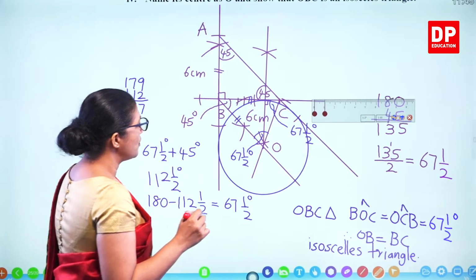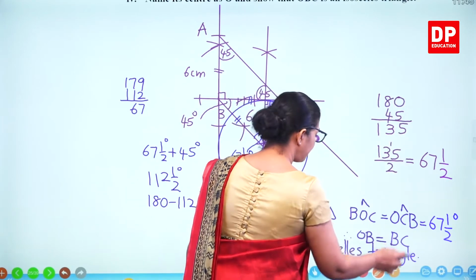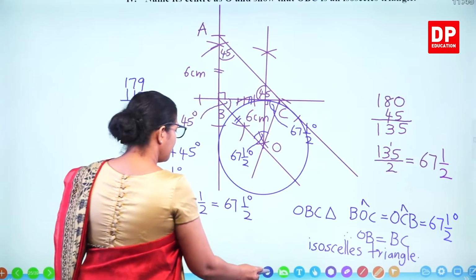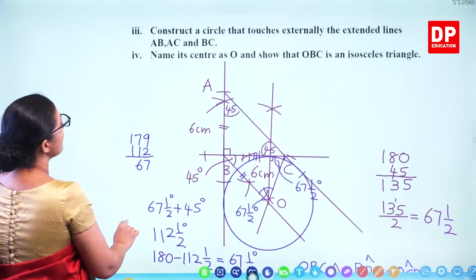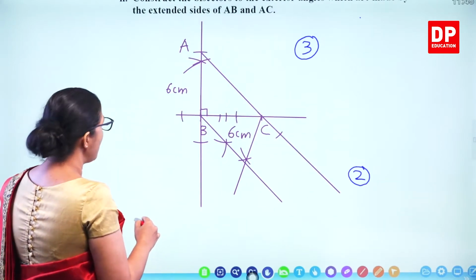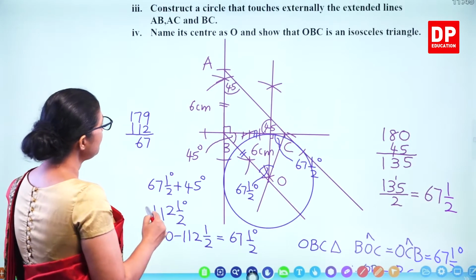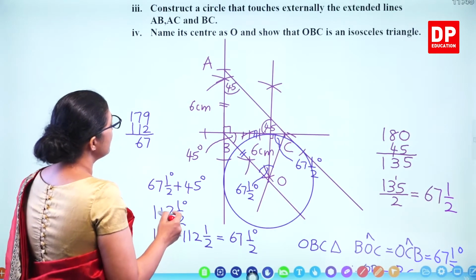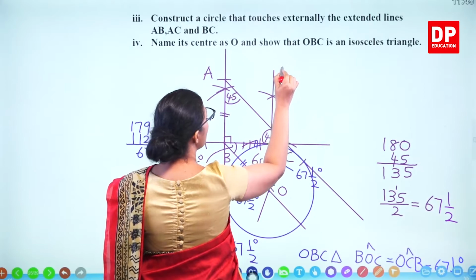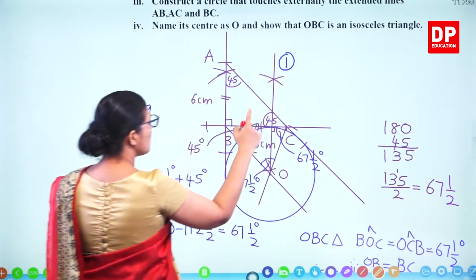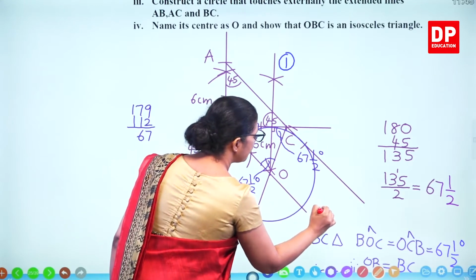So we'll try to give marks now. So we give 5 marks for this step. And drawing the perpendicular bisector to find out the radius, 1 mark. And circle, 1 mark.